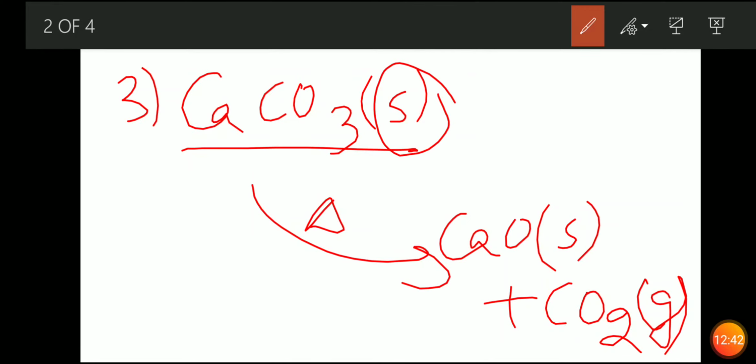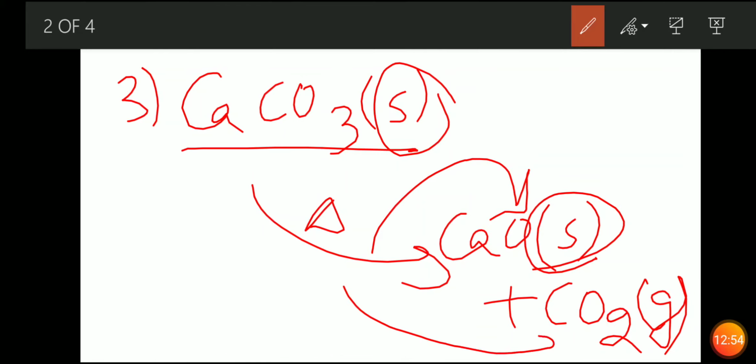On heating it undergoes a decomposition reaction, and it gives calcium oxide, that is your quicklime, which is also in solid state. But another product is carbon dioxide gas. It is a gas, so we write G over here. So whenever you are writing a chemical reaction, you need to write the states of the reactant and product.